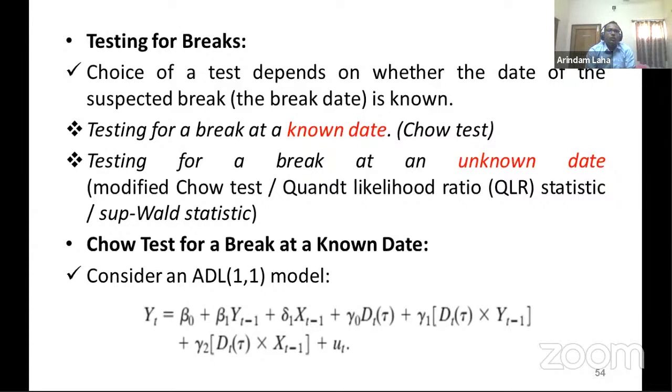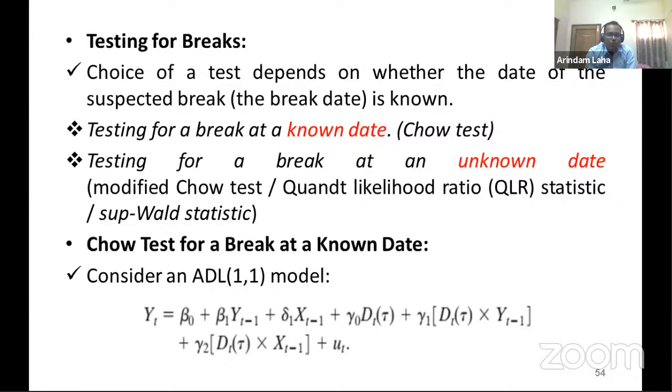In one testing procedure, the Chow test, there is an assumption that the break date is known to you. That means where you have an experience of structural break, this is known to you. If 1975 is known to you, that there was a collapse of the Bretton Woods system, or if 1990 or 1991 is known to you, then you can employ a Chow test. No problem, your break date is known to you. So it depends on your assumption whether it is known or unknown.